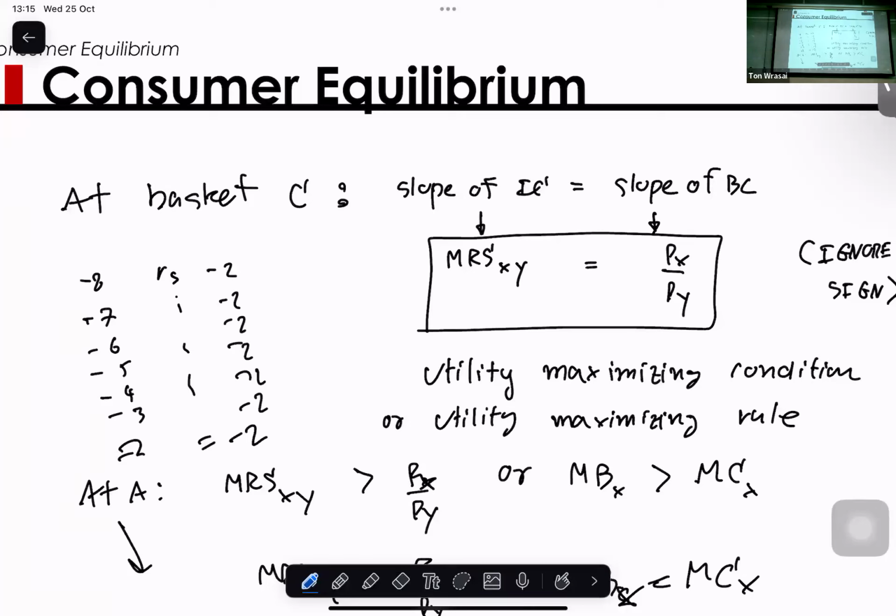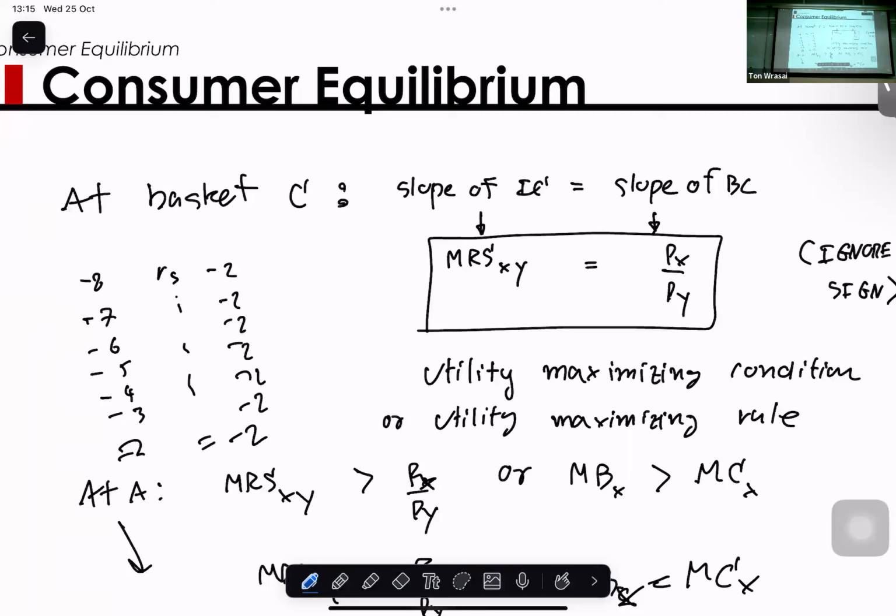What is this rate all about then? It's the slope of the indifference curve. Yes. And what else? It's an opportunity cost. Opportunity cost of what? Of good X.